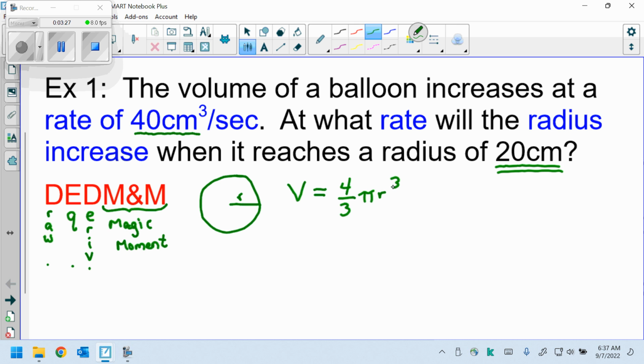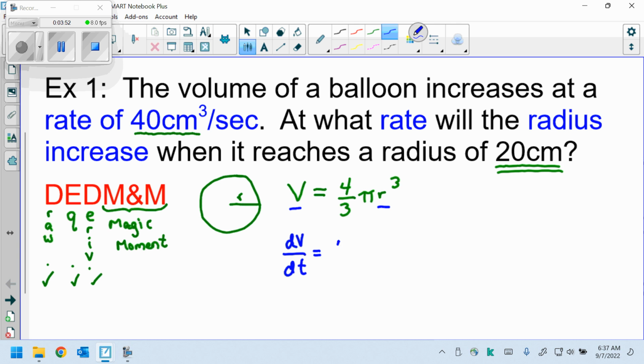So we've got the drawing. We've got the equation. Now we're going to find the derivative. But we're going to take the derivative with respect to time. The two quantities that we're talking about in this problem are volume and how it relates to radius. So if I take the derivative of volume, that would be dV/dt, the rate at which the volume is changing with respect to time.